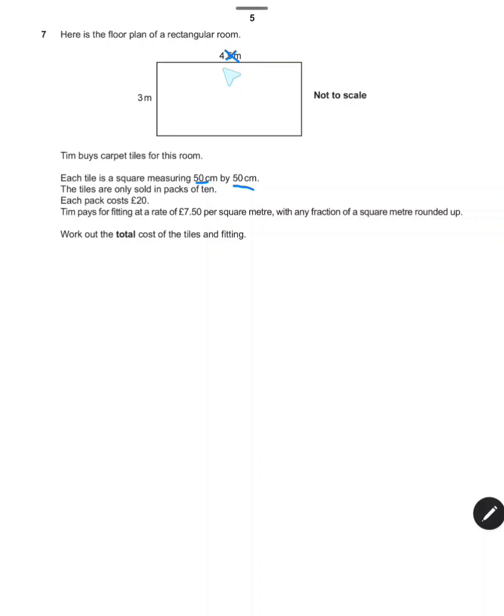If we times that by 100, 4.5 times 100 is 450. And that's now centimetres. I'll do the same here. 3 metres multiplied by 100 is 300 centimetres. So a quick conversion just to make sure I've got matching units.